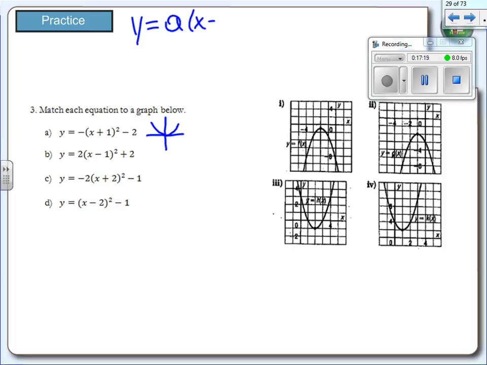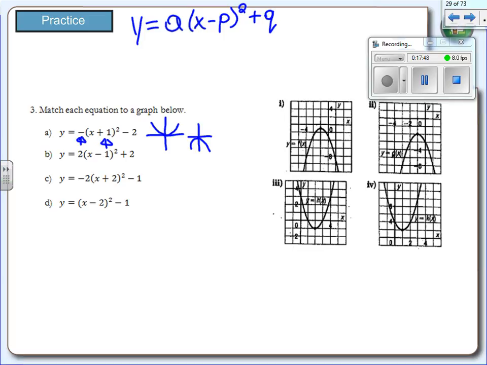There we go. So I look at this first one, and I notice that it's a negative A. So I know that I'm looking for a graph that will be face down. I then look at my p-value. I notice that it's +1. Because it's plus, I'm moving left.